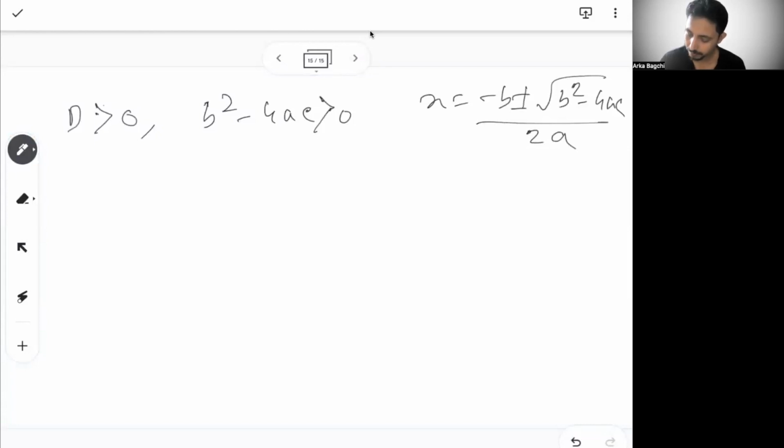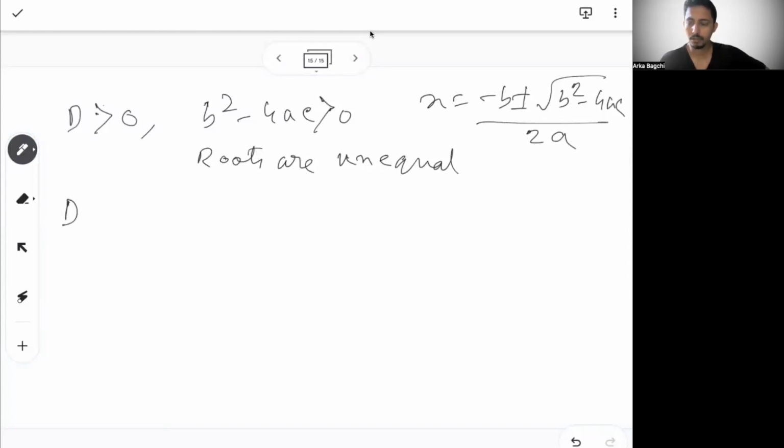In that case, roots are unequal. Because one will be minus b plus root over b square minus 4ac, and the other minus b minus root over b square minus 4ac. So the roots are unequal.